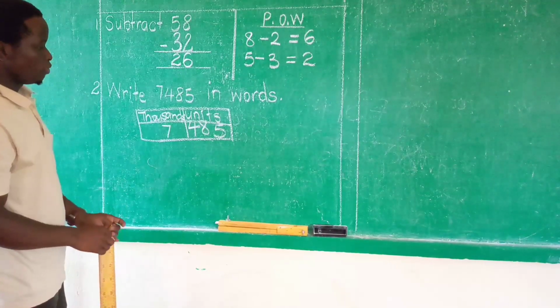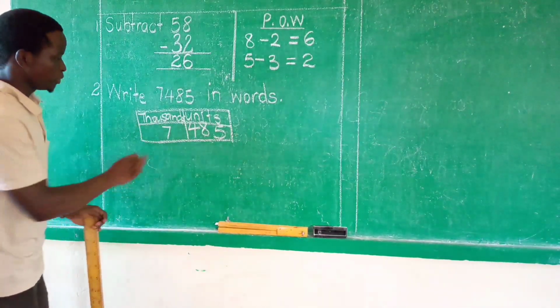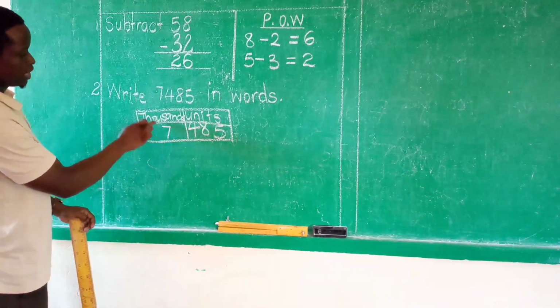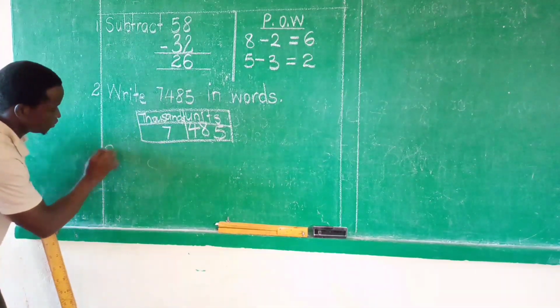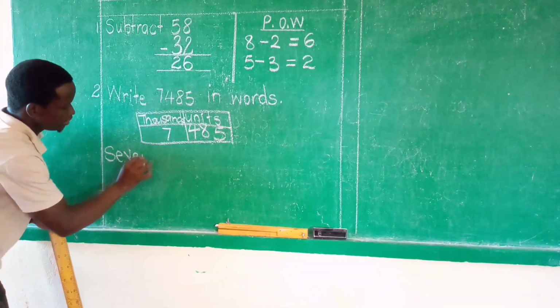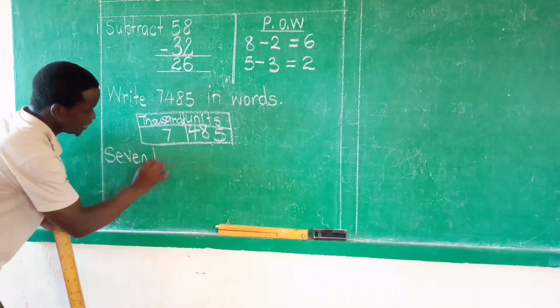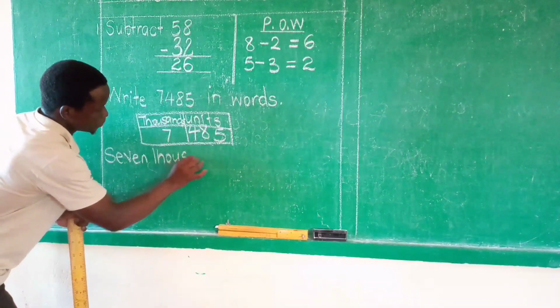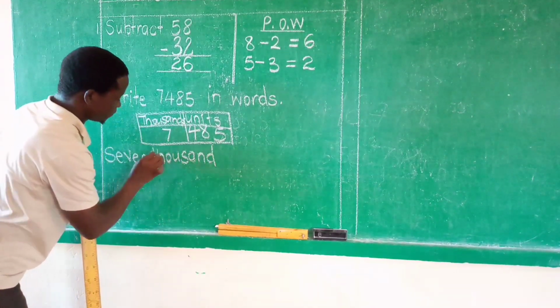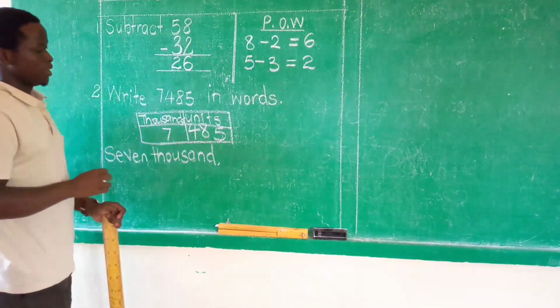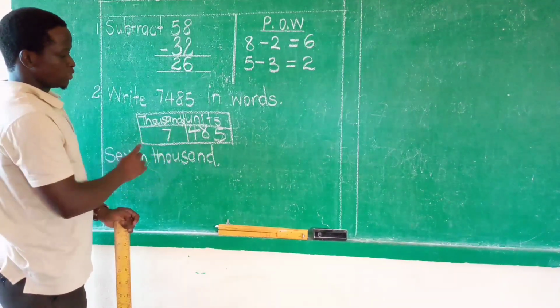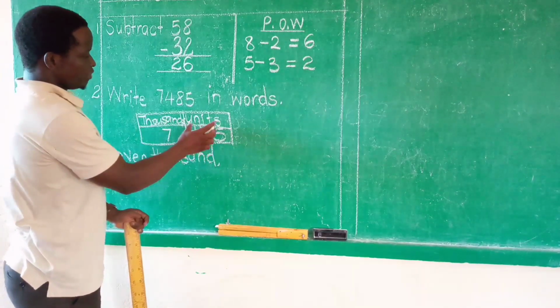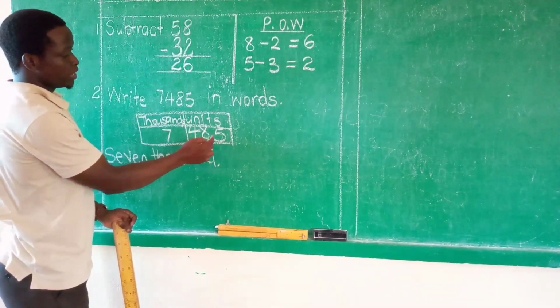Good. So when we're writing this in words, we start with what is under thousands, and this is 7. So we say 7,000, and after 1,000 we put a comma. What we have under units is 485.